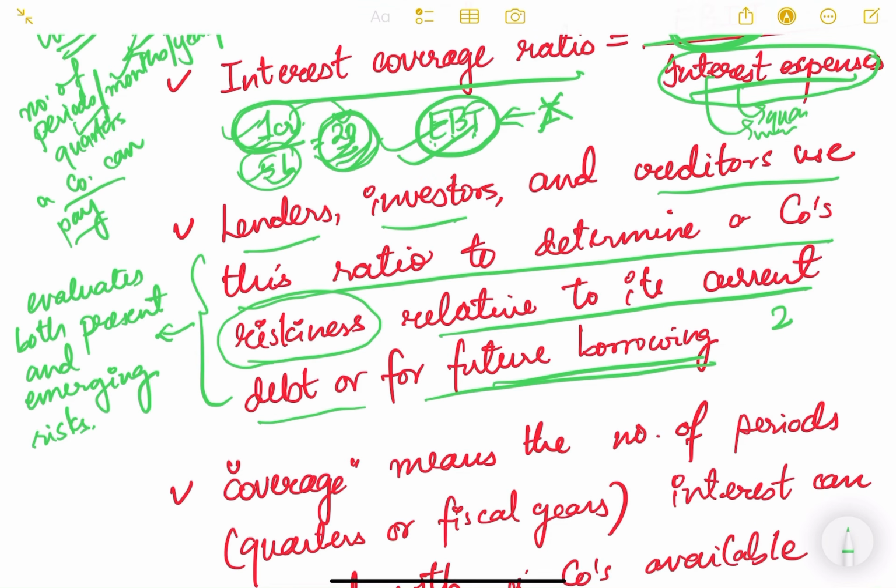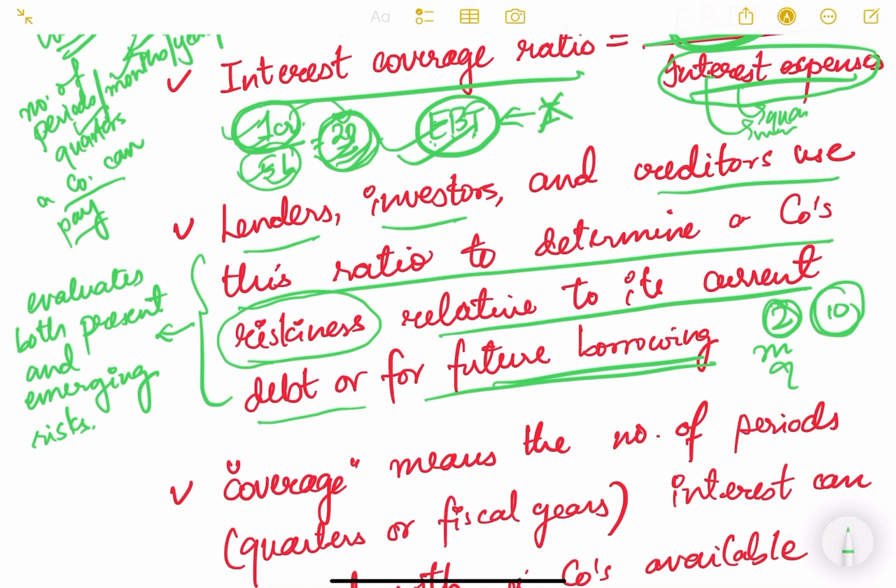And if another company has an interest coverage ratio of 10, it can pay interest for the next 10 months or 10 quarters, depending on what period you are looking at. If you are looking at months, you will say 2 months. If you are looking at quarters, you will say 2 quarters.